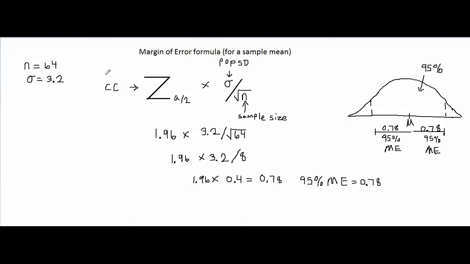So 95% of the possible samples that I might end up selecting will have a sample mean somewhere between 0.78 below the population mean and 0.78 above the population mean.